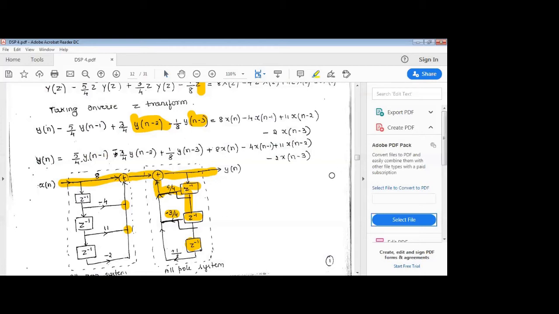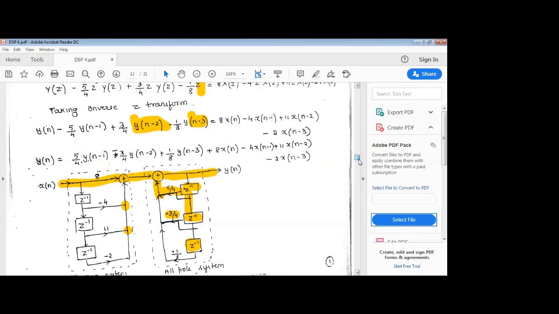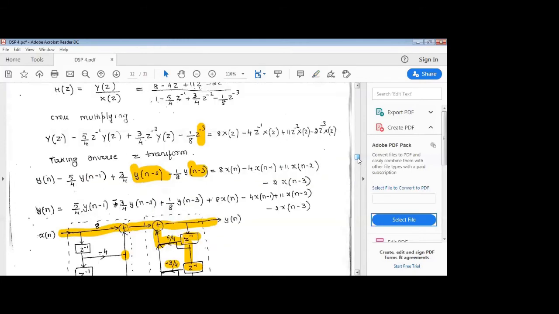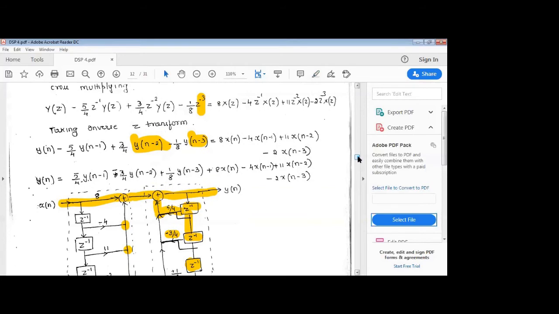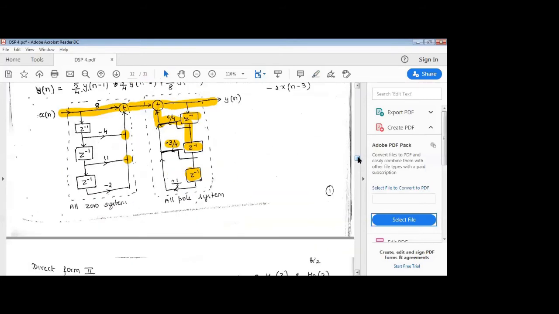Once we draw this direct form 1 structure, if you see here, the number of delay elements required for a third order transfer function is getting doubled.